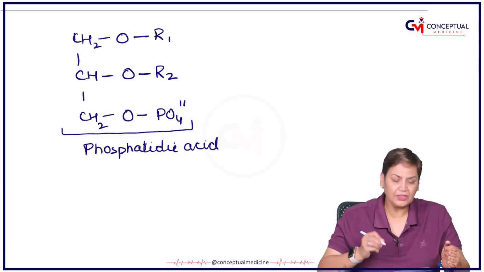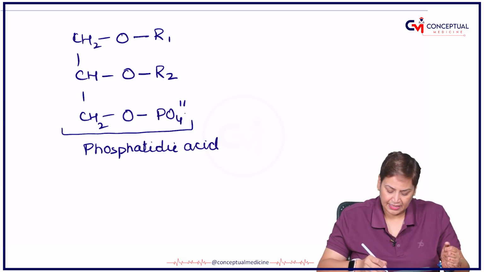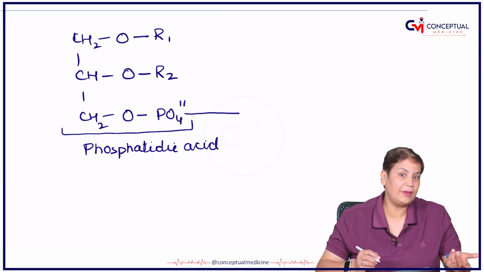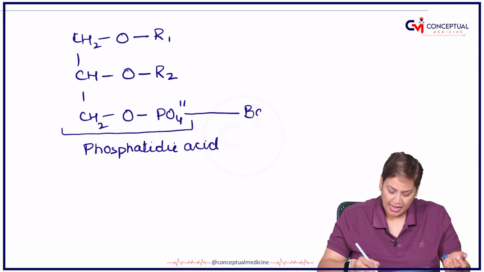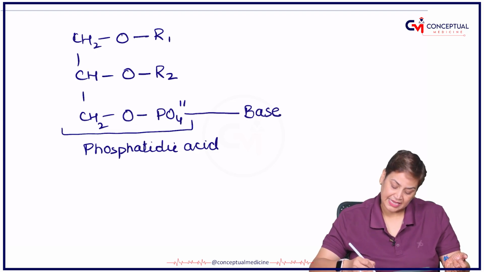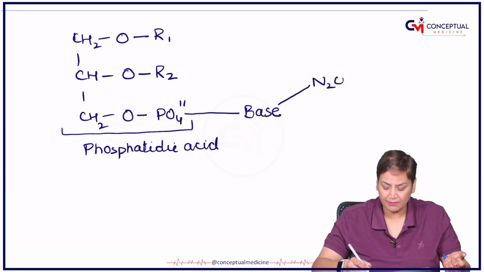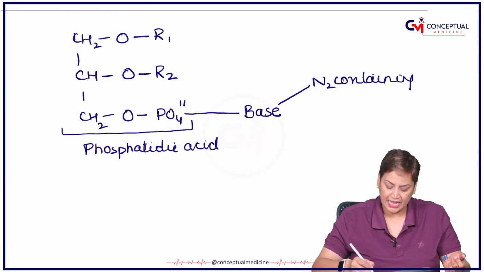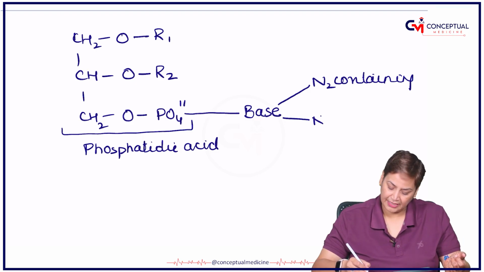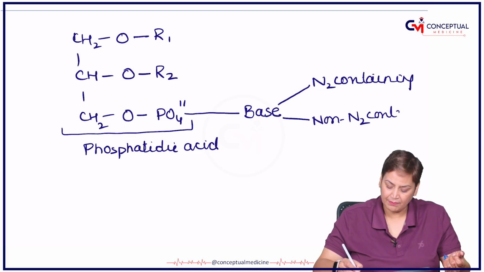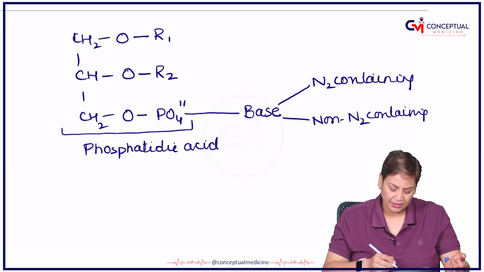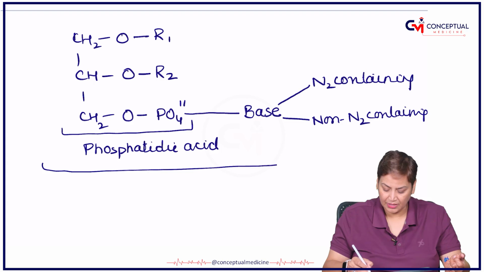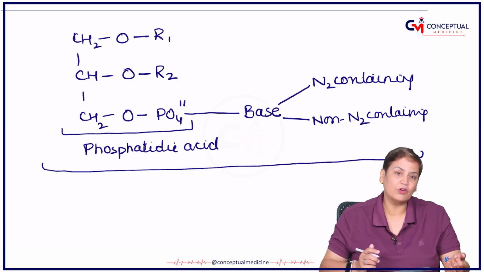Now, this phosphate will be attached to a base. This base can be nitrogen containing, meaning it has nitrogen in it, or it can be non-nitrogen containing. But whatever it is, a base is attached to it, so the entire thing will be known as a phospholipid.